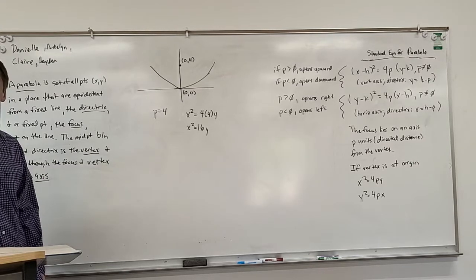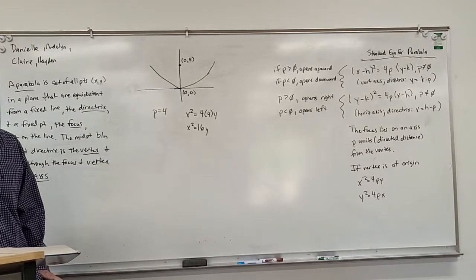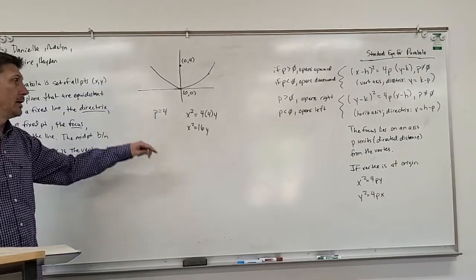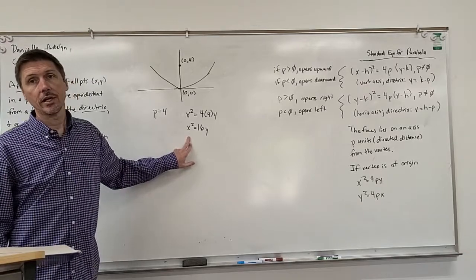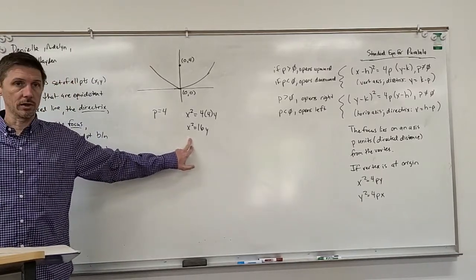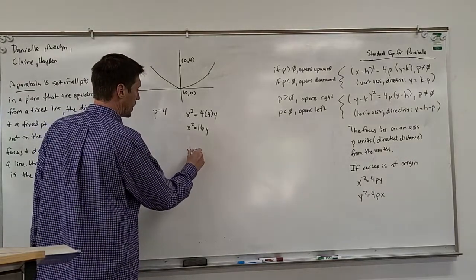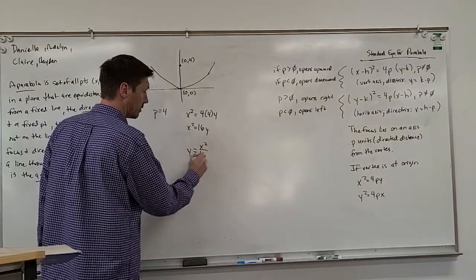All right. Now, if I want to check this on my calculator and verify that it matches this graph here, remember with your calculator, you're always saying y equals something. So you're going to have to solve this for y. So what you enter in your calculator is going to be y equals x squared over 16.